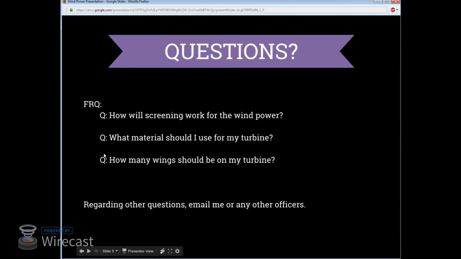And another question would be, what material should I use for my wings? Some materials I could recommend would be, with prototypes, you could use cardboard, but of course you'd want to use thinner and thinner cardboard. Or you could use very thick paper that isn't easily bendable by wind.